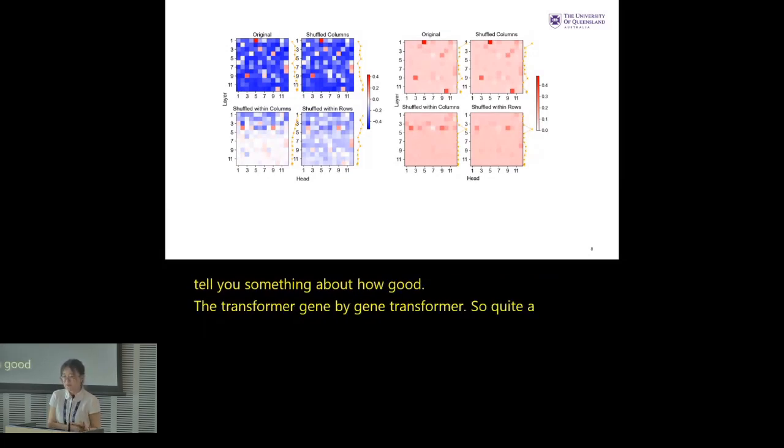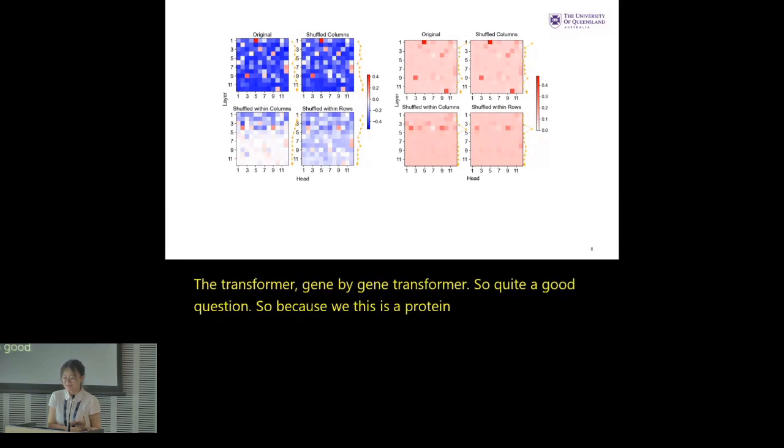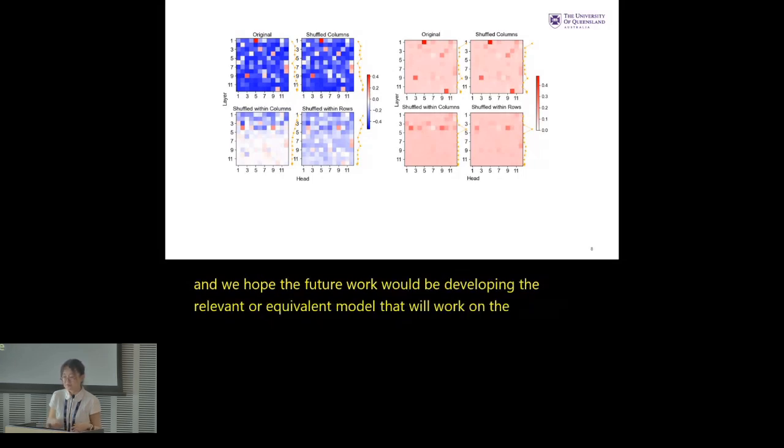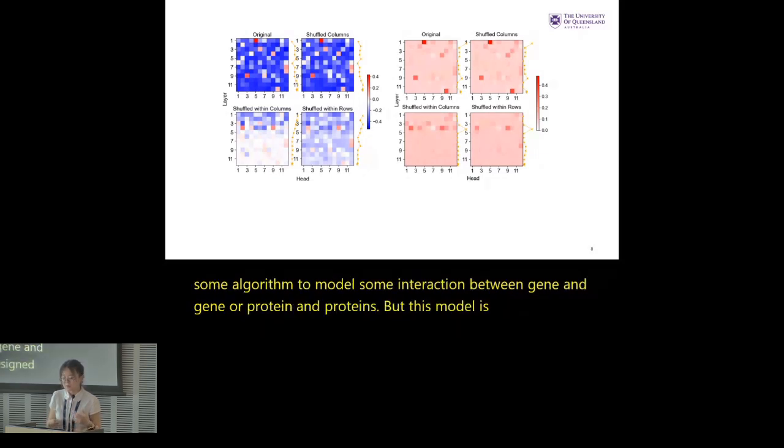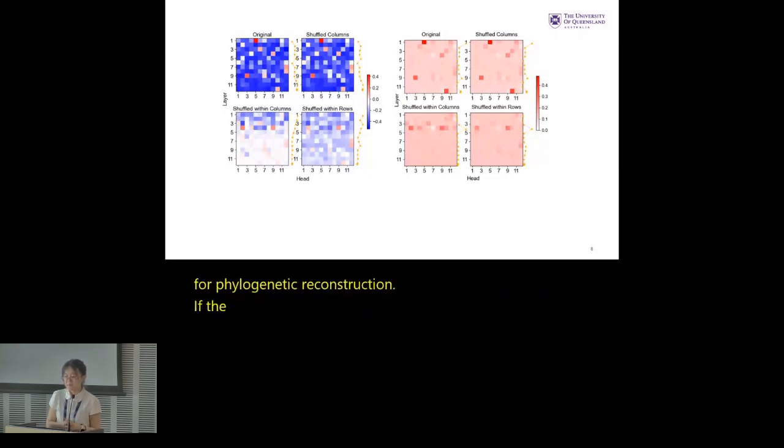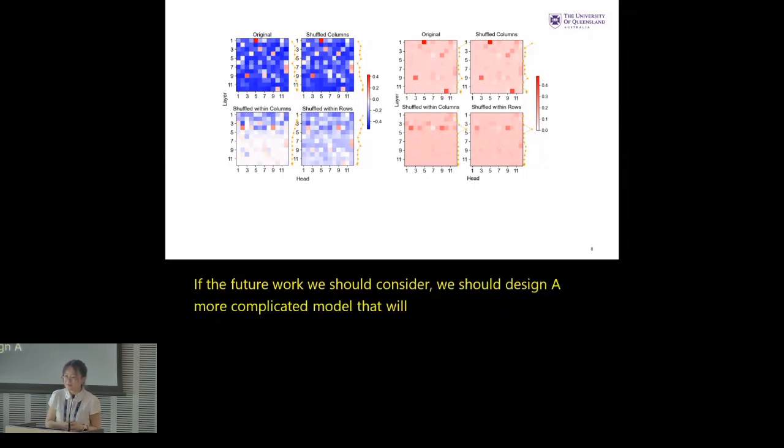Because this is a protein language model, we hope future work will develop an equivalent model that works in genome space. We should also design algorithms to model the interaction between genes or between proteins. But this model is not designed for phylogenetic reconstruction. In future work, we should design a more complicated model that will meet your requirement.